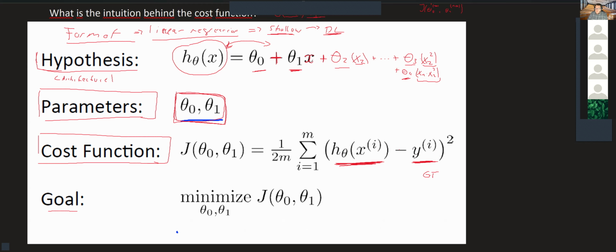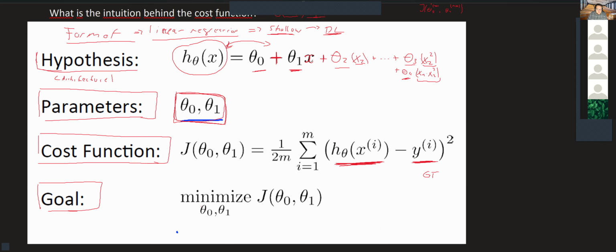However, if this is large, it means you need more work. We need to change the parameters, because this is the ground truth. This, of course, we cannot change, right? So this is how it should be, and we need to get closer to how it should be by changing the parameters, right? So what we actually do is we're gonna change the parameters, and our goal is to minimize the cost function. So obviously we want to minimize the cost function.